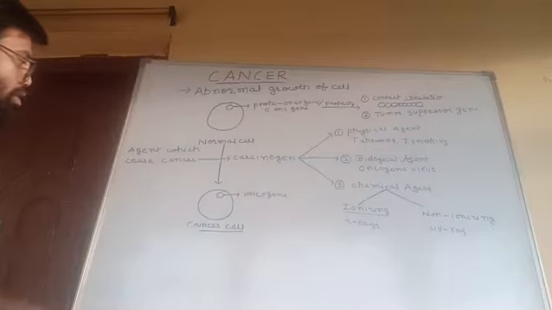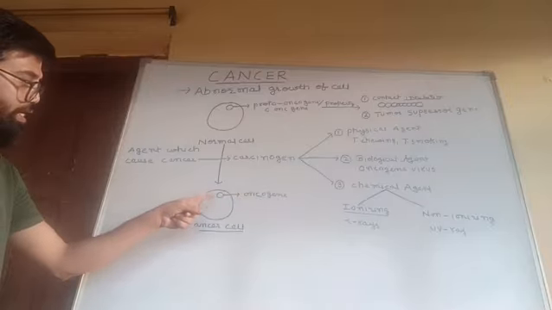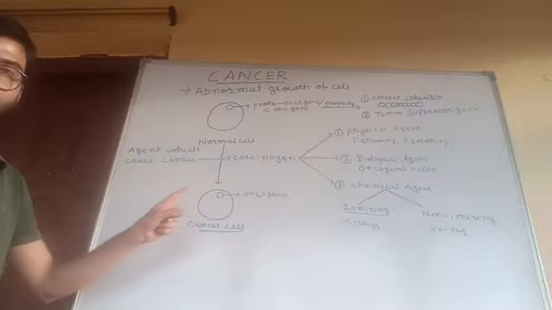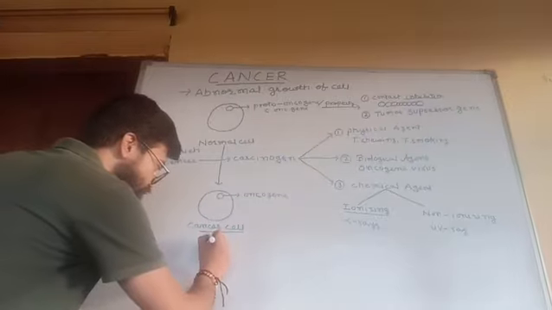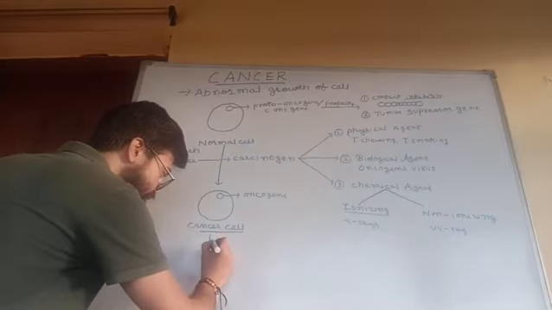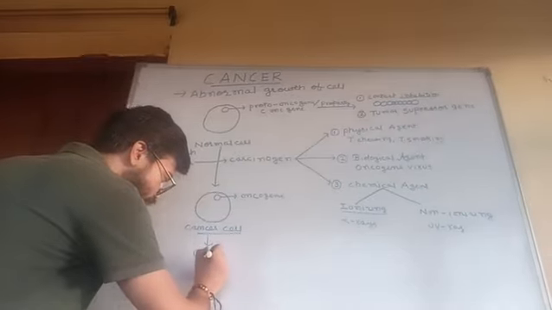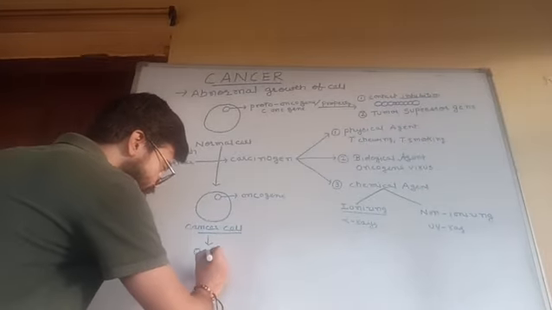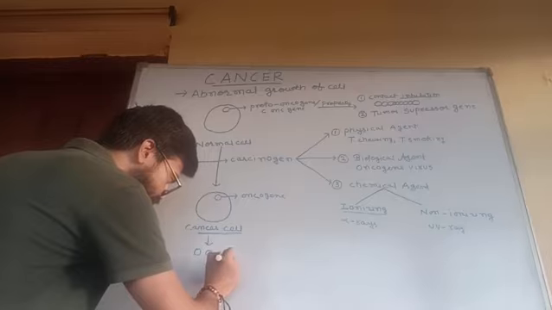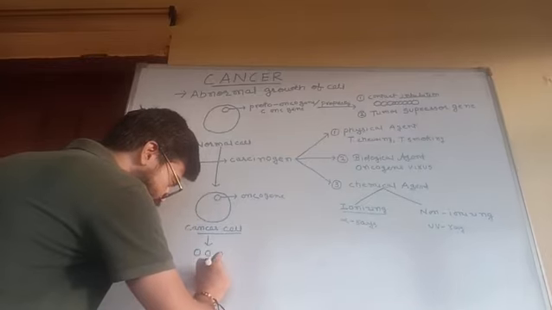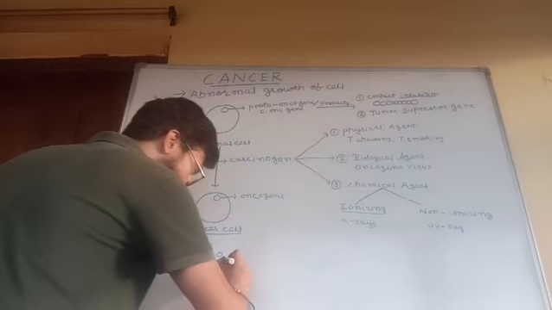Understand? Now what will happen, my dear student, if the number of cancer cells will be more? If there is a rapid increase in the number of the cancerous cell, then it is known as tumor.